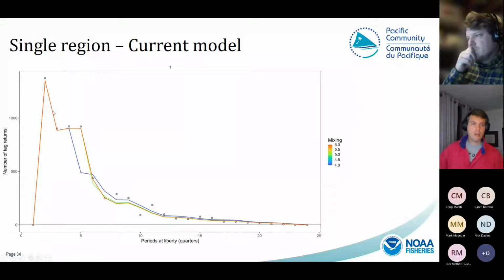Within a mixing period, the model is fitting the tags exactly because it's doing a numerical calculation. But when we change the mixing period, so we look at how the model with a mixing period of 4 performs that immediate time step after, it doesn't do so well.